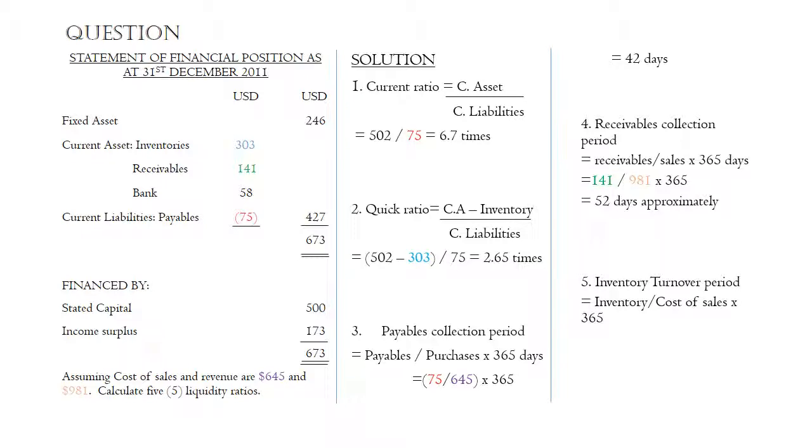Our inventory figure is in blue under the current asset, which is 303, all over our cost of sales, which we have in the footnote, which is $645, then multiplied by 365 days. By approximation, we get 171 days. In other words, our stock can stay on our shelves or on our counter for a good 171 days.